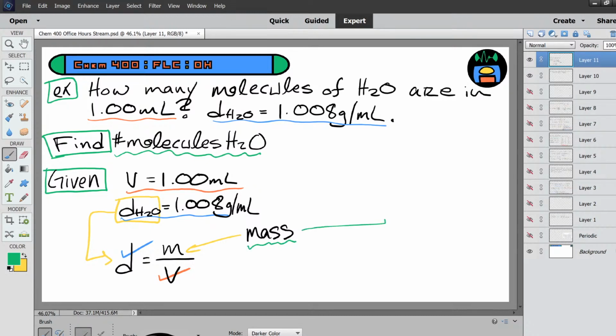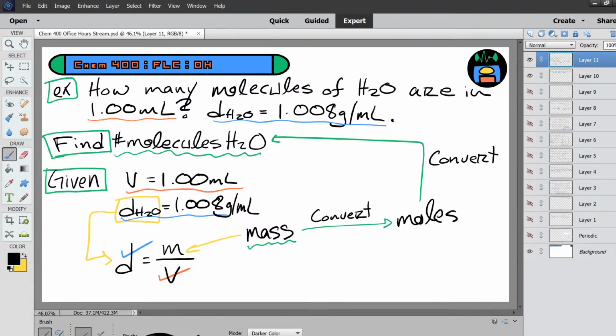Because you can convert grams to moles, and we got plenty of reps today converting moles to molecules or atoms. So we know how to take a mass and convert it to moles, and we can take moles and convert it to particles.